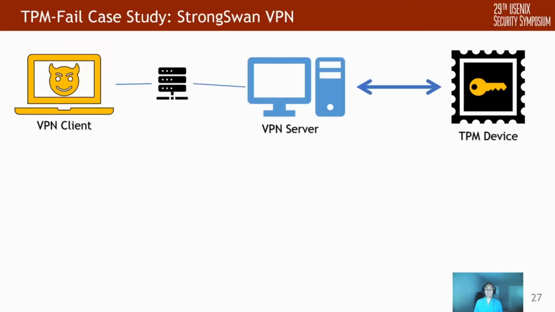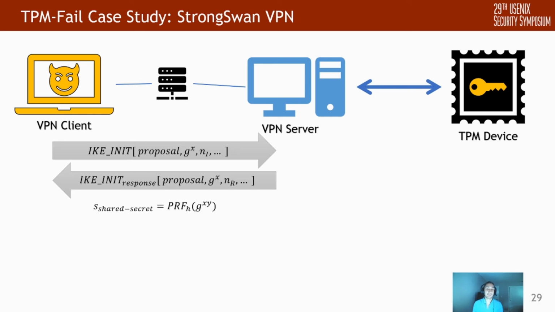So in our paper, we demonstrate an attack on a local network against a real VPN application. We configured the StrongSwan VPN solution, according to their instructions, to use a TPM for authentication. The IKE protocol first does a Diffie-Hellman key exchange, and as part of this exchange, the client and the server have a shared secret.